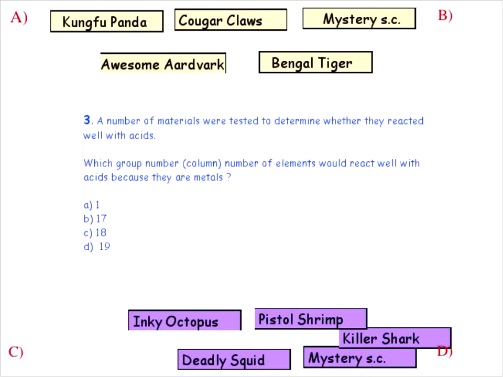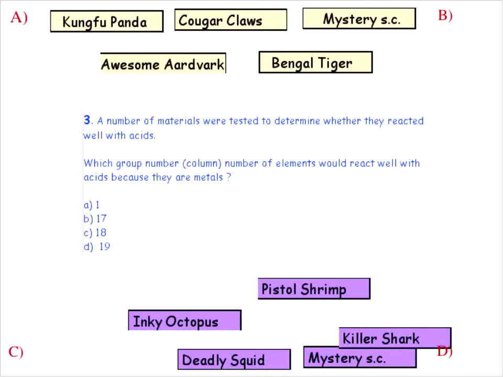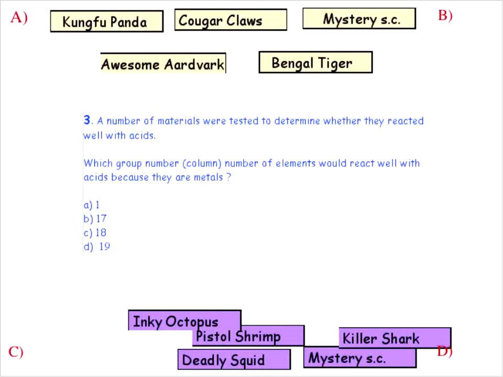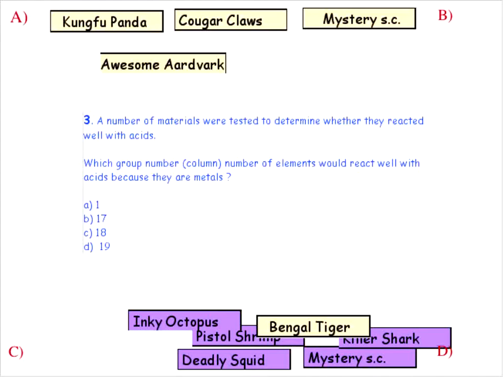Okay, killer shark is gone. Okay, that's all right. So far killer shark. Anybody else? Pistol shrimp, you're on answer D as well? So far just pistol shrimp and killer shark have gone, am I right?